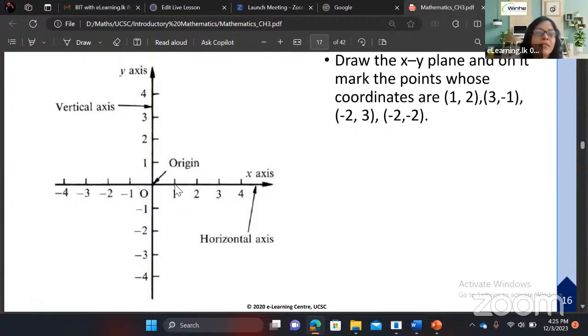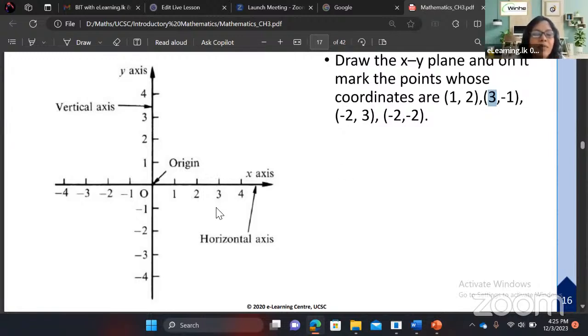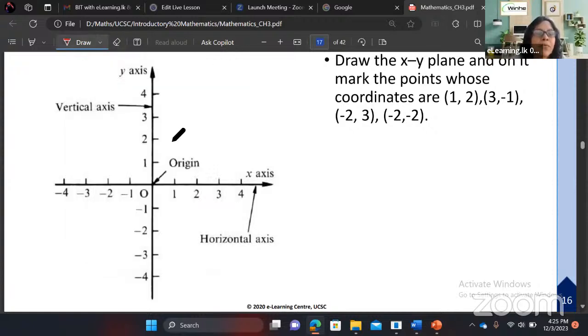The point is where the x and y values intersect. 3, minus 1 means what? The x value is 3, the y value is minus 1, right? So 2, 1 is somewhere here, and 3, minus 1 is somewhere here.